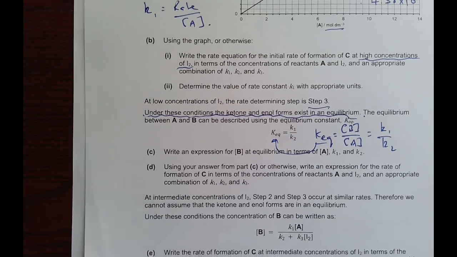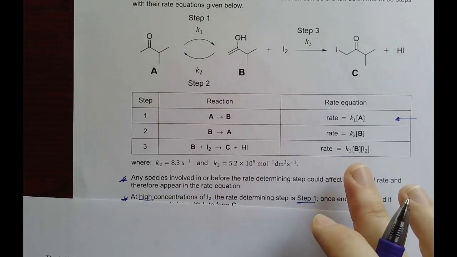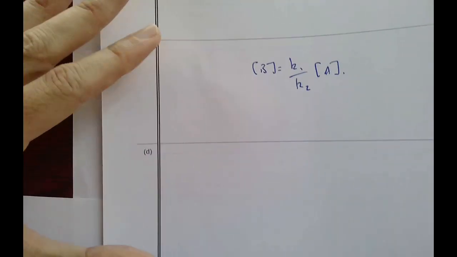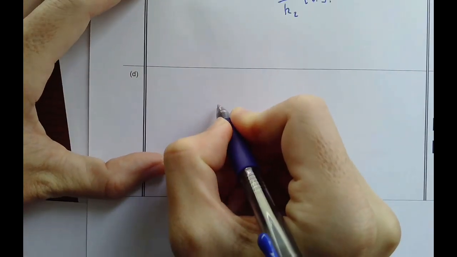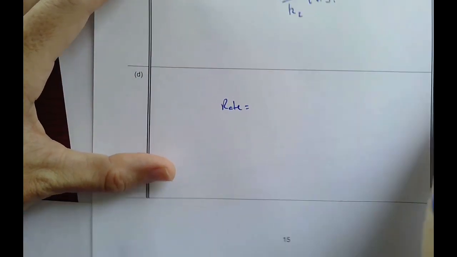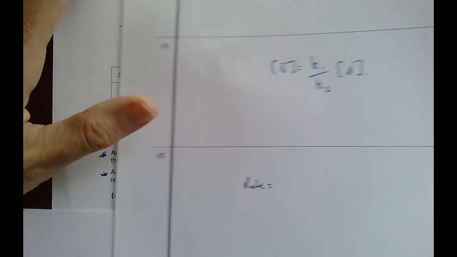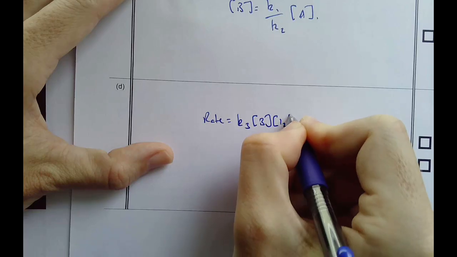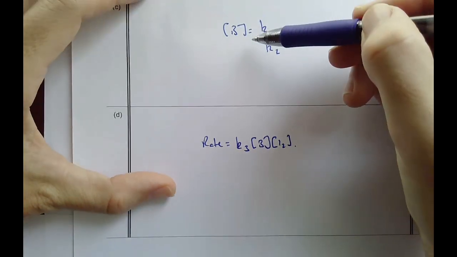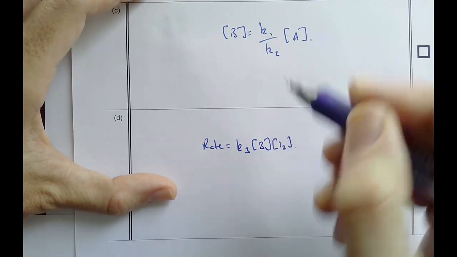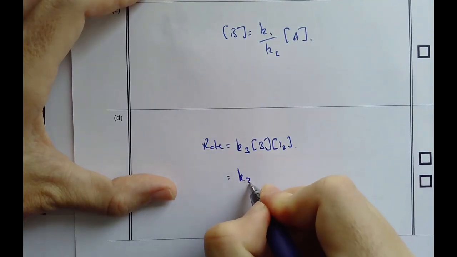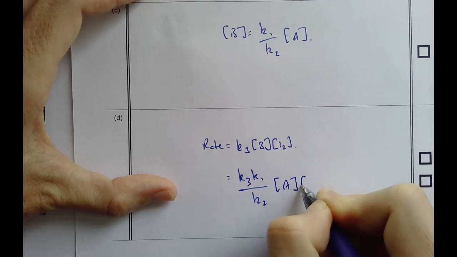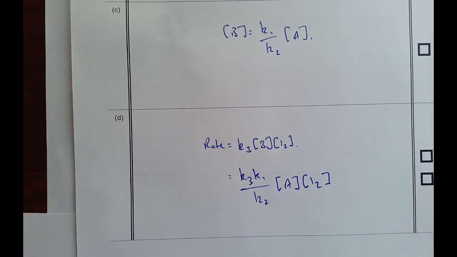Well, that's also fairly straightforward because I'm told here that the rate of formation of C is rate equals K3 times B times I2, and then all I need to do is take my concentration of B and put it in here. So that then becomes K3, K1 over K2, A, I2.